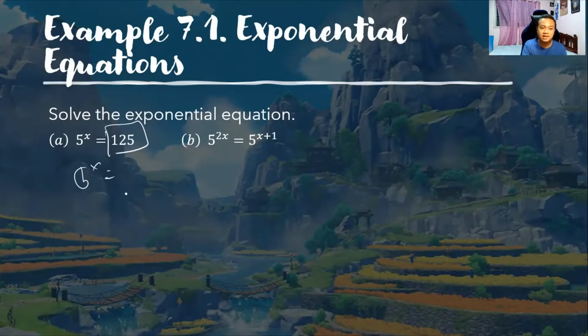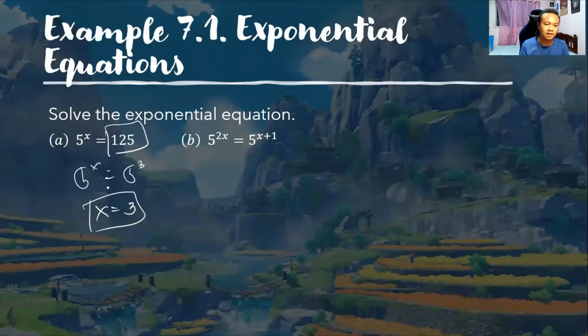How many times will 5 be multiplied by itself to get 125? It's 3, right? So x is equal to 3. They have the same base, 5.